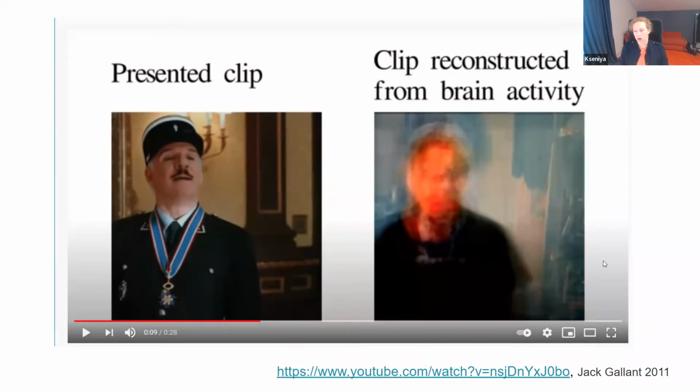As a result, we have such blurry pictures, but quite similar to the original videos. So it's a kind of reconstruction of thoughts in some way. These results are very impressive, but here we are still working with the brain as a black box. We don't know the mechanisms of the brain, we just can reconstruct the picture which was seen from the brain activity.